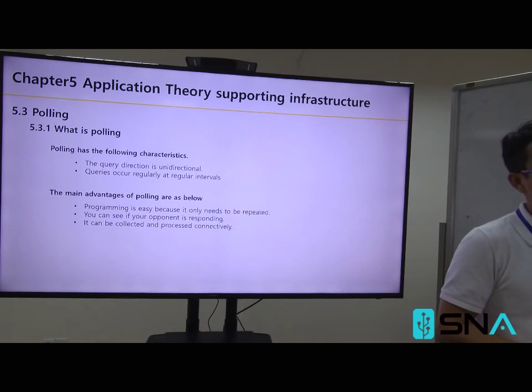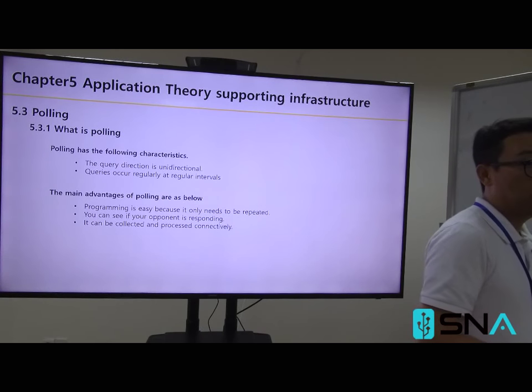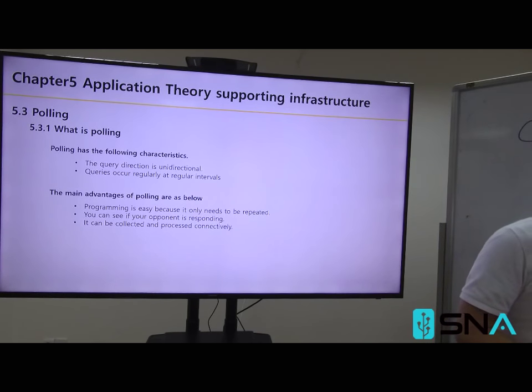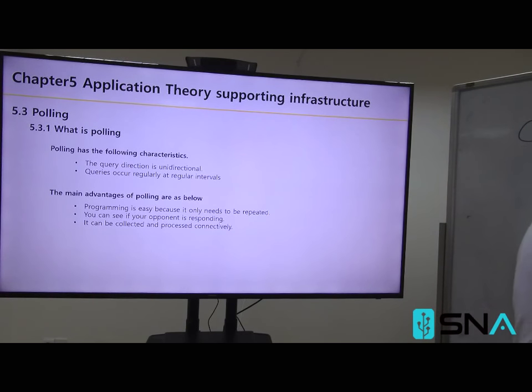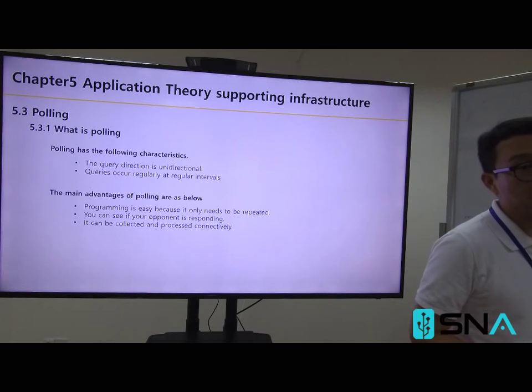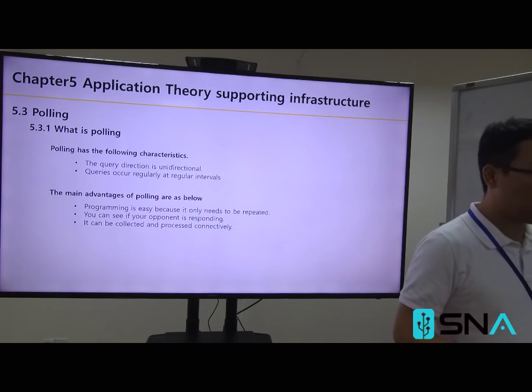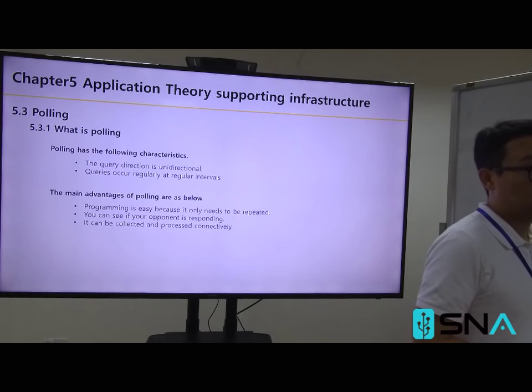So with a monitoring application, there is an interval time of 5 seconds or 10 seconds, gathering this information and then presenting it.